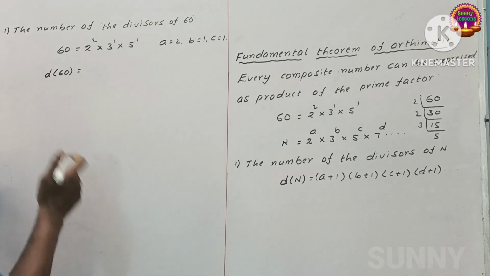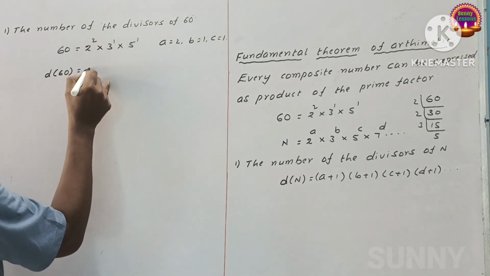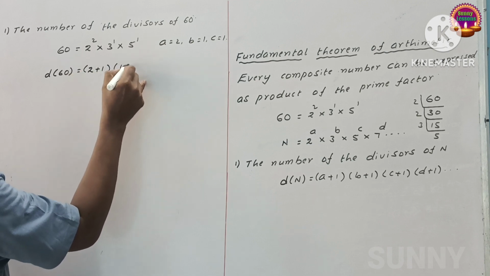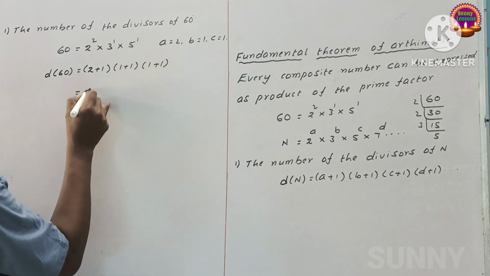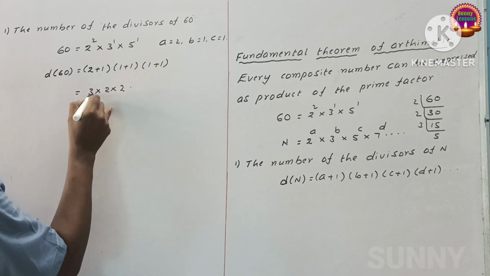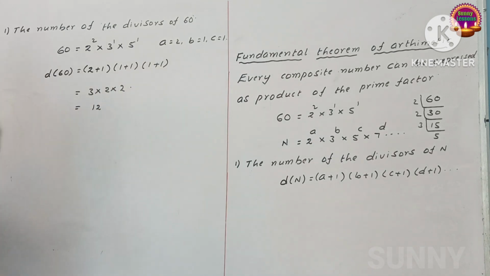Here a means 2, so 2 plus 1, into 1 plus 1, into 1 plus 1. So the number of the divisors is 3 into 2 into 2, 3 twos are 6, 6 twos are 12. So the number of the divisors of 60 is 12.